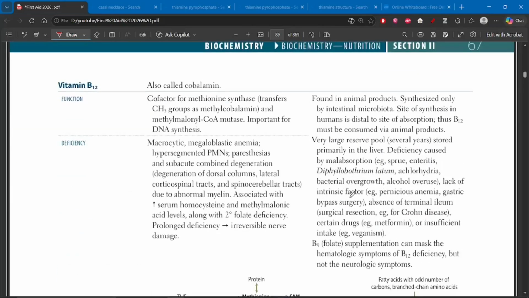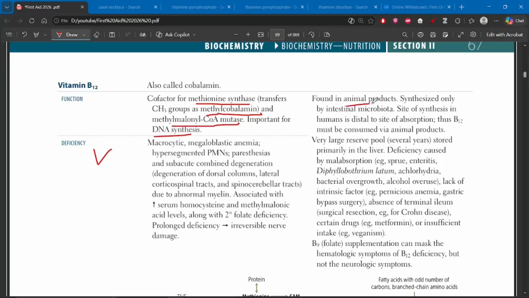Cobalamin, which is vitamin B12, is a cofactor for methionine synthase, which transfers CH3 groups as methylcobalamin, and for methylmalonyl CoA mutase, which is also important for DNA synthesis. The function is not really important, but we just have to know the deficiency part. It's very important.